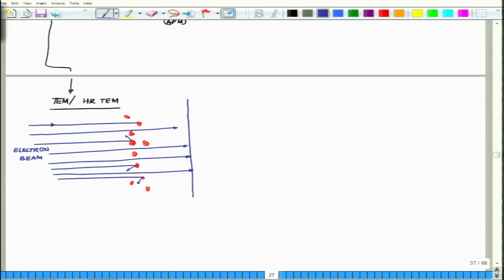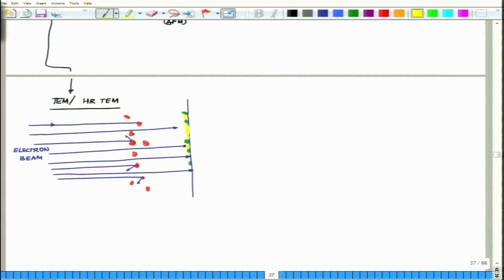What you are going to observe is wherever the electron won't be able to pass, you will see a shadow out there, and wherever the electron will pass, you will see a different kind of contrast, which I am showing in yellow.